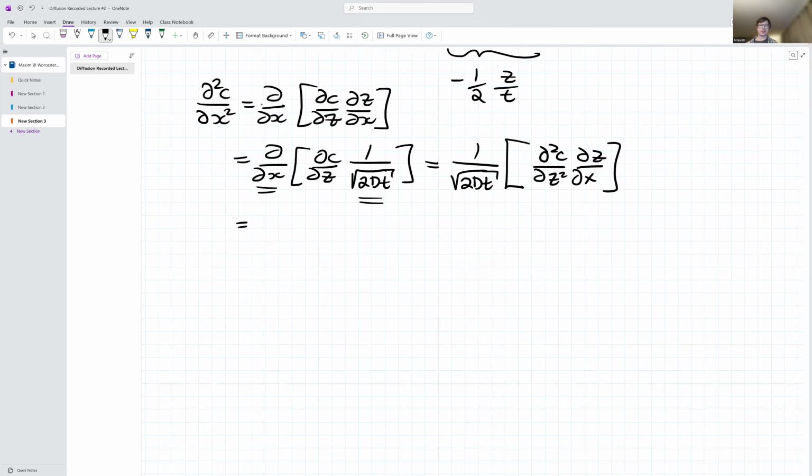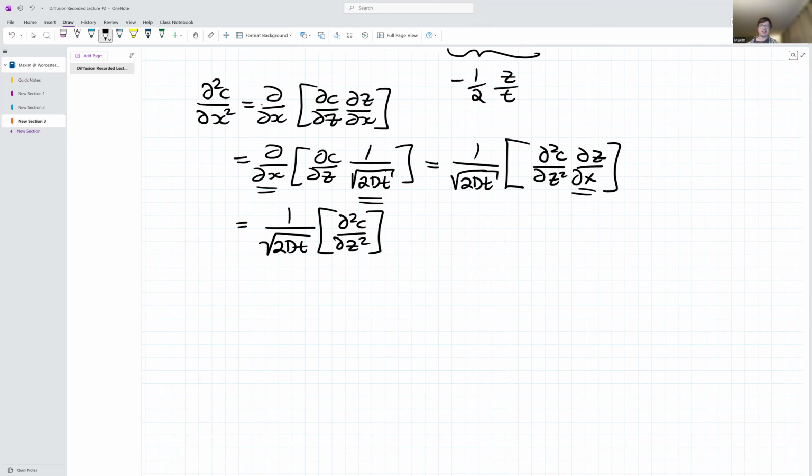Again, if you haven't seen it, don't worry about it. But if you have seen it, I think this is a nice application of the chain rule to solve the diffusion equation. It's a pretty nice example of how you can simplify a very complex equation.